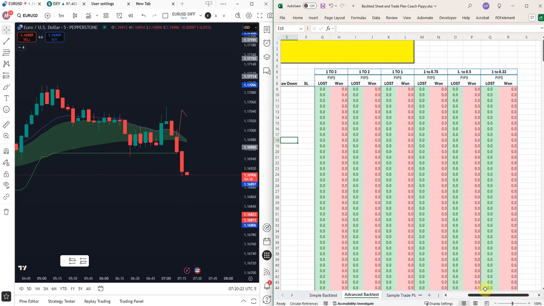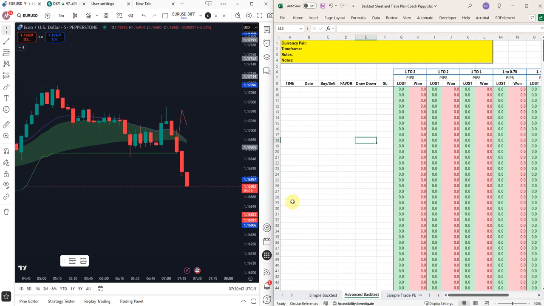It'll go all the way from 1 to 3 on this sheet, meaning if we risked $100, it would win 300, all the way down to 1 to 0.33, meaning if we risked $100, we would win $33. Okay, so let's begin.